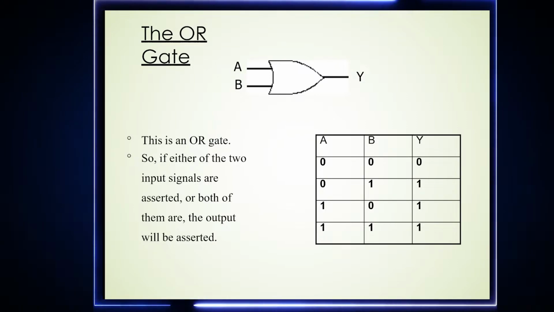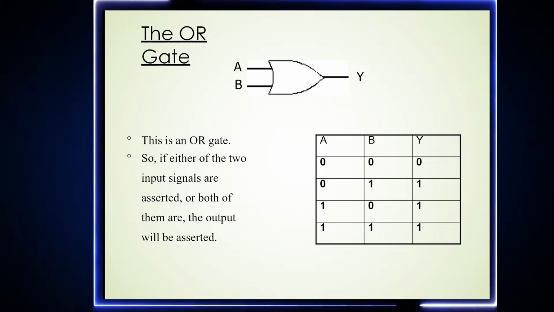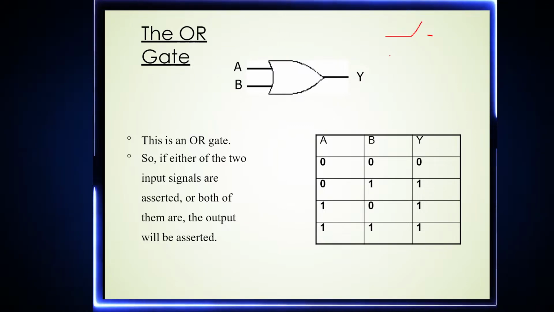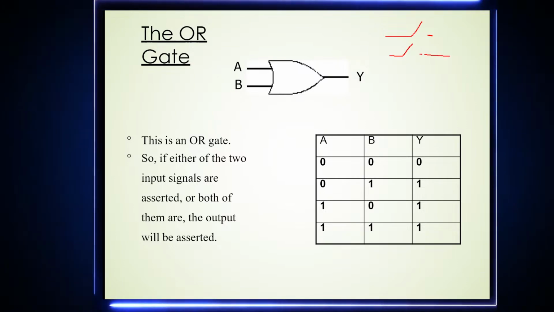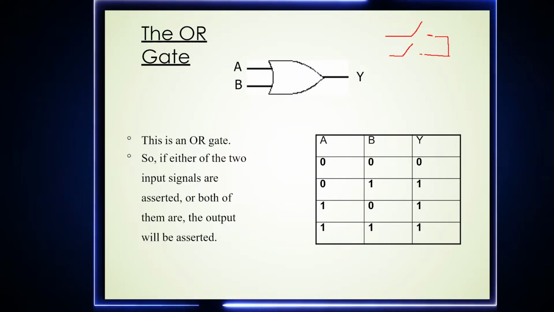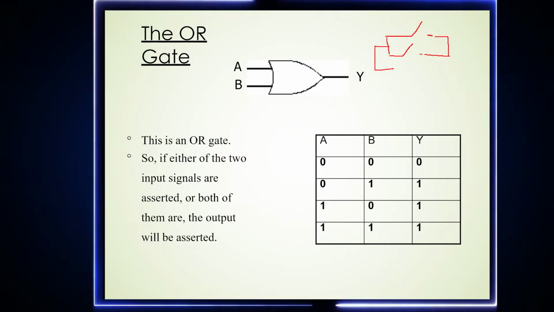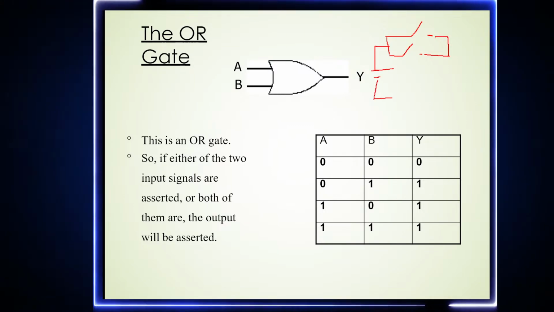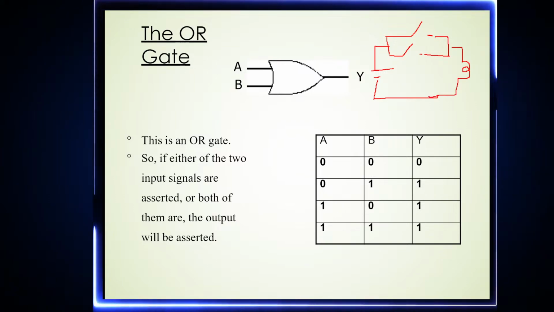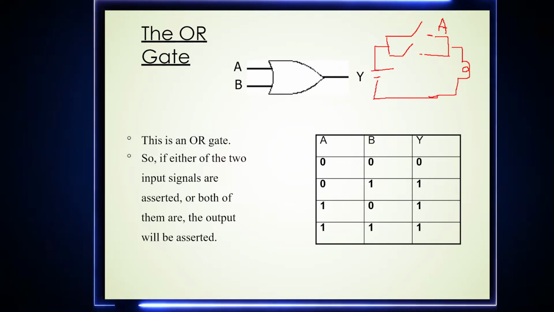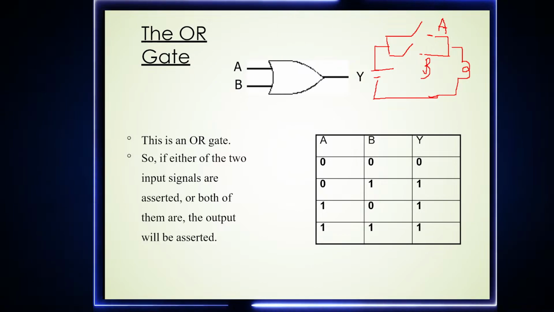Now let's move on to the OR. What would be the equivalent circuit of an OR? Two switches connected in parallel. This is our switch A, this is our switch B. How will it work?